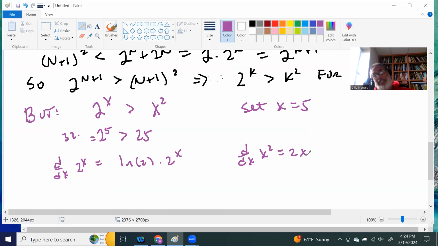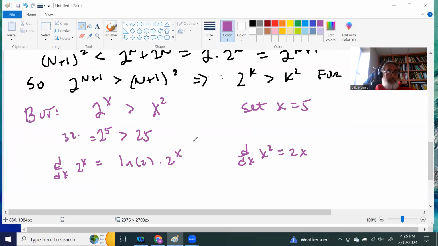That's going to be bigger than 10. Okay, so this derivative is bigger than this. So what you notice is that this function is higher than this, and it has a larger derivative. Therefore, this function has to be greater than this one the rest of the way.